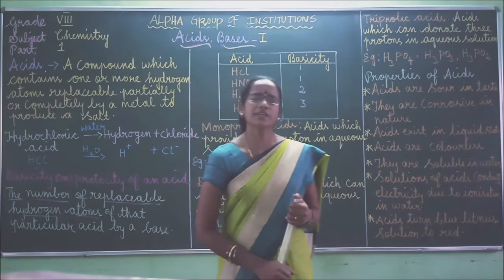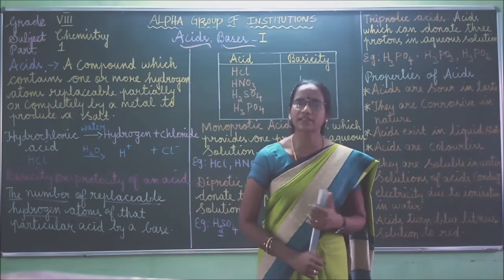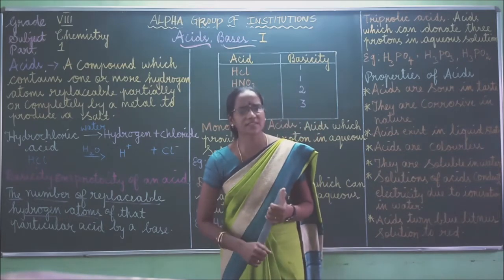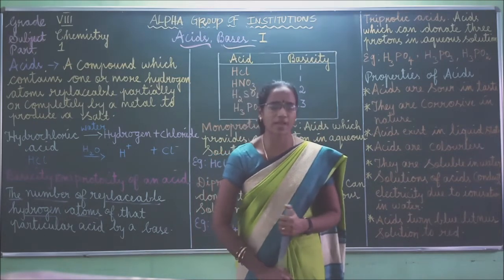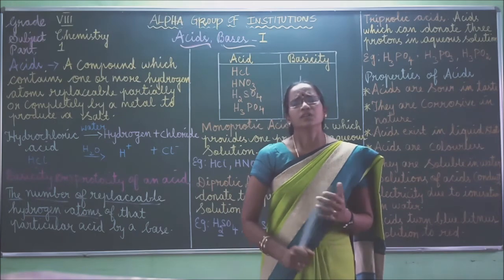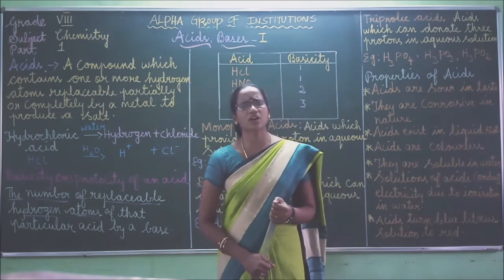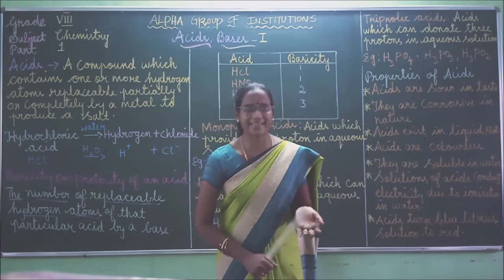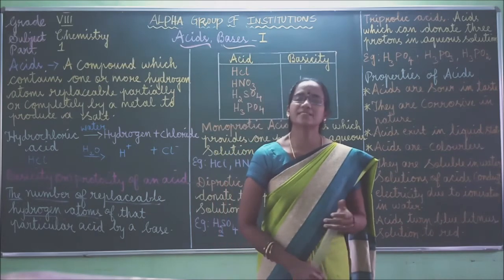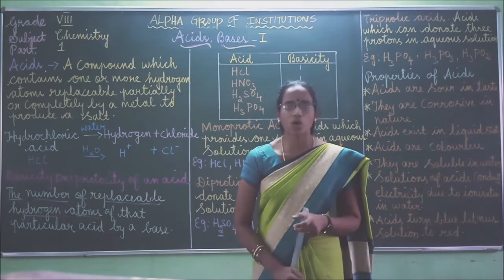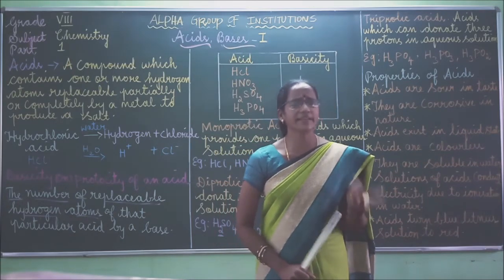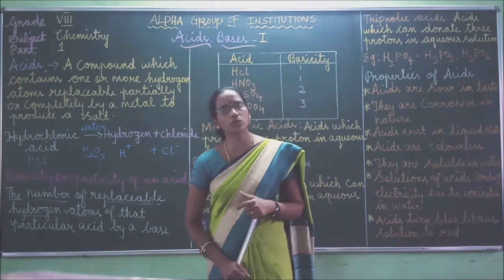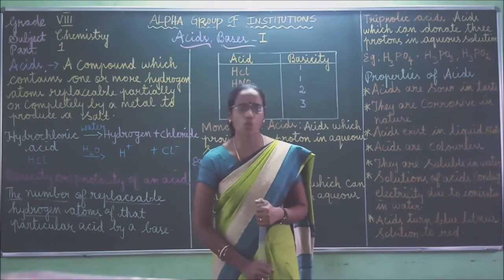Okay. Next we can move to the general characteristics of acids. It is nothing but the properties of acids. Generally acids are sour in taste. And acids are soluble in water. Acids conduct electricity due to ionization of water.